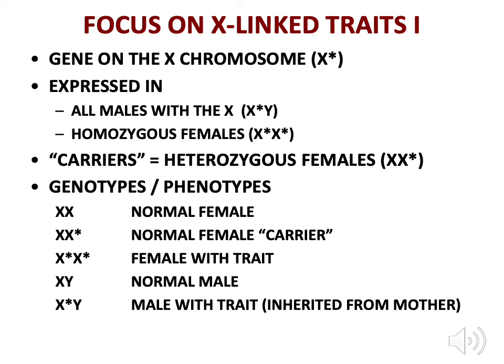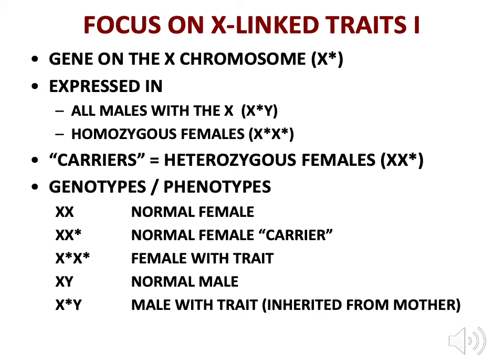So let's take a look at this. The colorblindness allele would be found on the X chromosome, so we'll denote that as X asterisk. It is expressed in all males that happen to have that genotype X asterisk Y. In your heart of hearts, you've got to know that that male has inherited that X chromosome from his mom.